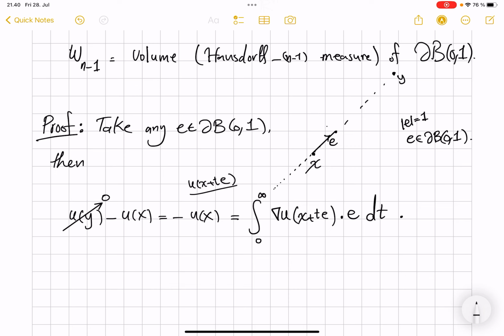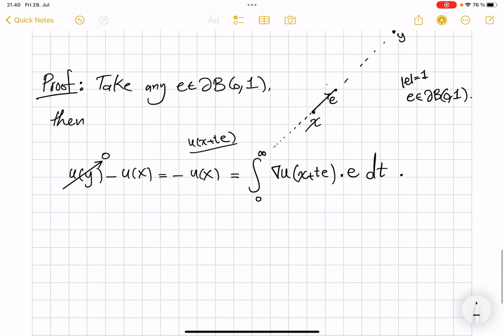So what we concluded is that for any fixed unit vector, you have this equality. Now we can integrate this over all such e, over the boundary of the unit ball.